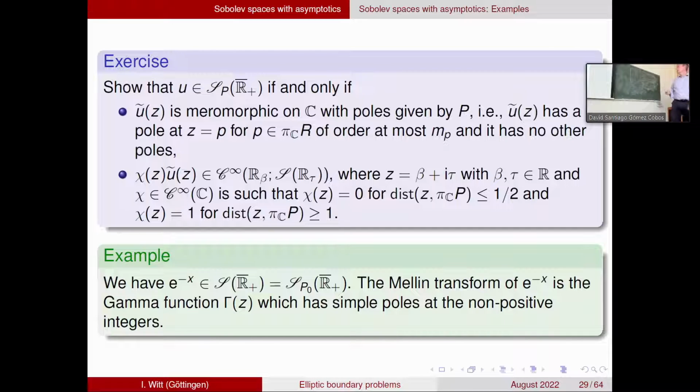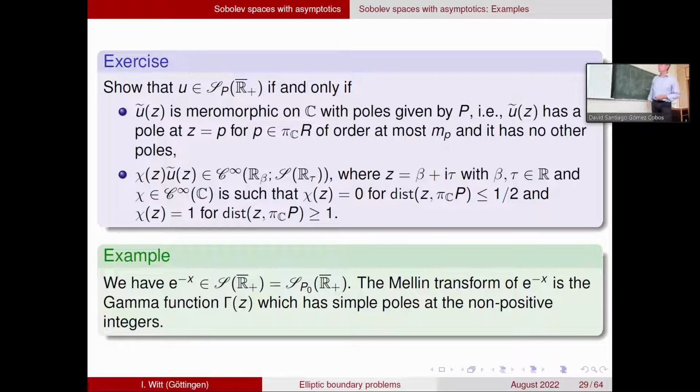And then, if we restrict to such vertical lines, we get Schwartz behavior. Of course, we have to cut out the poles. We take here some smooth function which is 0 close to the poles and otherwise 1. So along each of these lines we have Schwartz behavior.